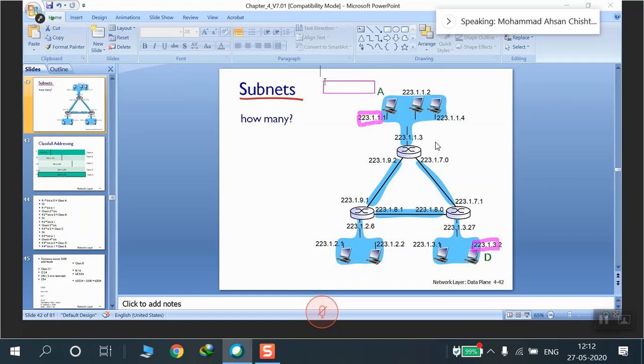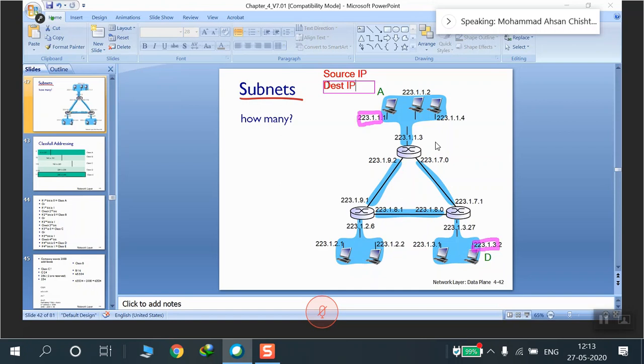The source IP address as well as the destination IP address. Then it passes this packet on to the data link layer. What does the data link layer do? The data link layer puts the source MAC address and the destination MAC address.